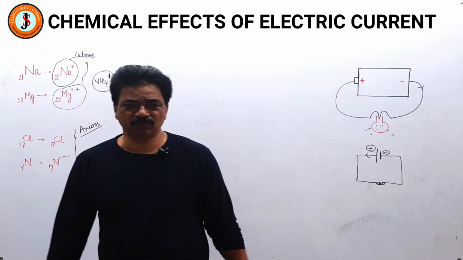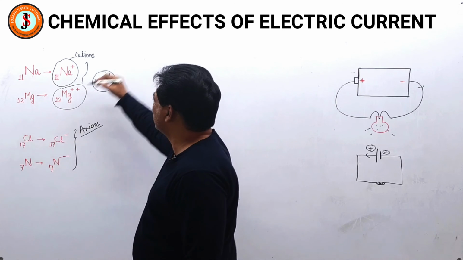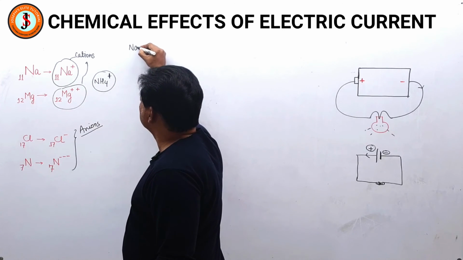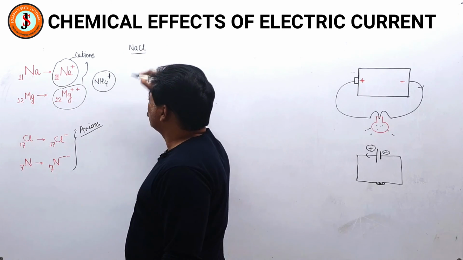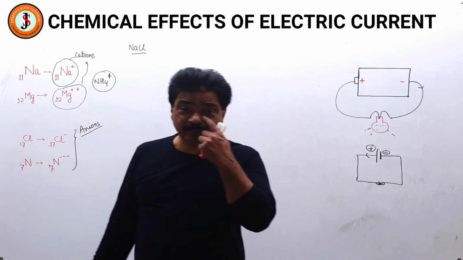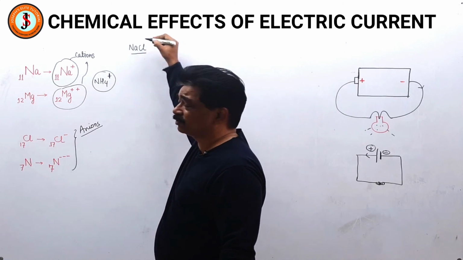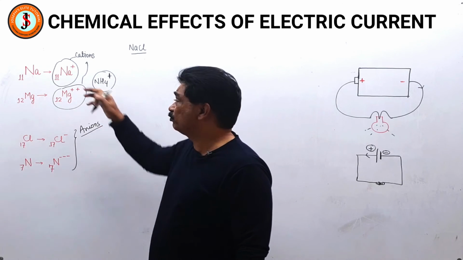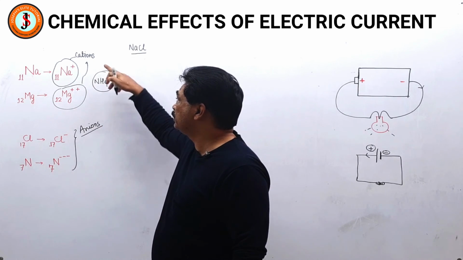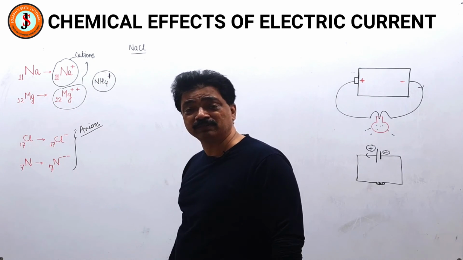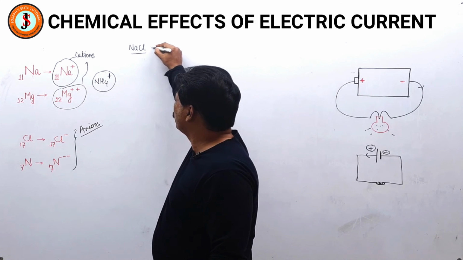Now let us talk about when we combine Na and Cl, we will form NaCl. So you will ask why the plus charge came there. Actually, what happens during the bond formation is that sodium loses an electron. To whom will it lose? To chlorine. So when it loses, it becomes plus, and chlorine gains the electron of sodium, so it becomes minus, and this bonding is called electrovalent bonding.